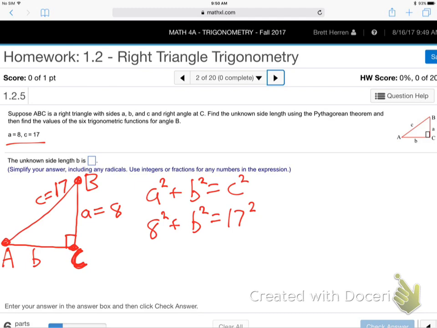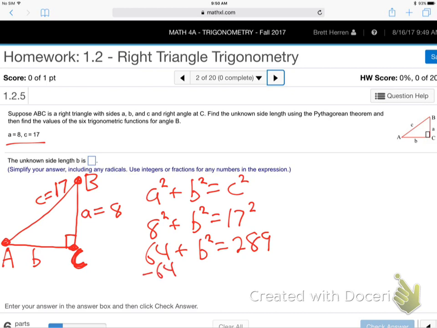So solve for b, just use your calculator for all these things. What is 17 squared? Is it 289? Okay, so we get to there. We've got to solve for b squared, or b eventually. What do we do next to solve for b squared?